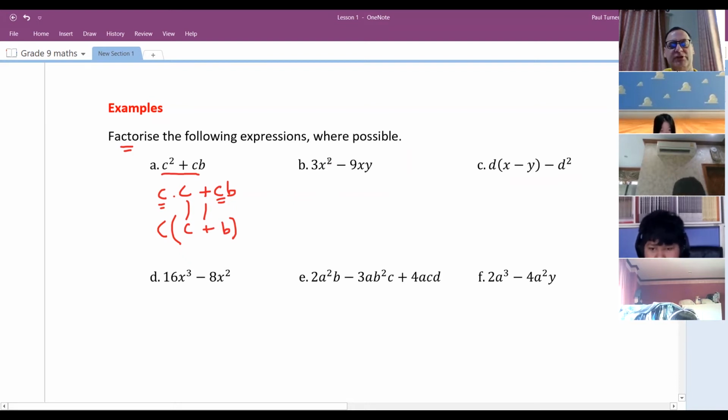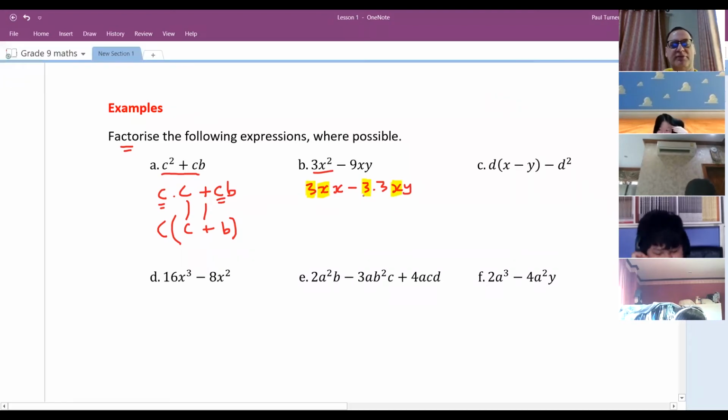So for example, this one, we see we've got 3. So we've got 3 times x, and 9 is what? 3 times 3 times x times y. So let's use a highlighter. So we can see we have 3 here, x here, x here, and no more that's the same.